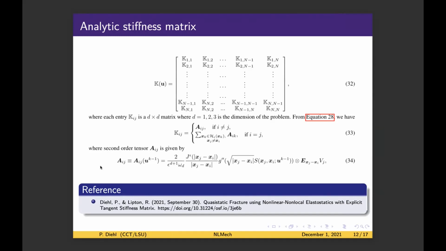And here you can see we have a second order tensor. And this is really easy because you do not have to do the numerical derivation. You just have to do an additional sum over the neighborhood, like computing a force you would normally do, but with a different kind of tensor here. And then you can compute easily the entries of the stiffness matrix. And this makes the computation much, much faster.